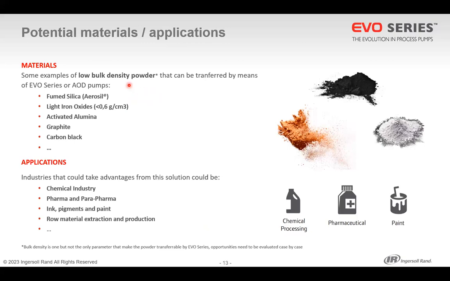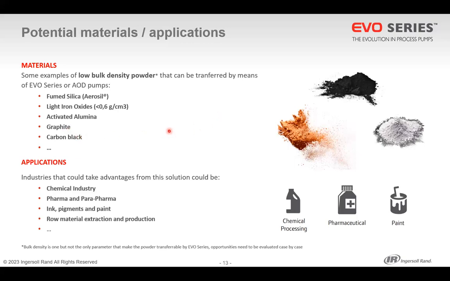So I can list some of the powders that I've seen transferred by powder pumps, could be EVO or pneumatic, like fumed silica, light iron oxides. When I say light, I mean very light. Not all iron oxides are the same. There are some classifications, so we need to go for the very light one. Activated alumina, graphite, and carbon black, like what we have experienced in the case study you have seen.